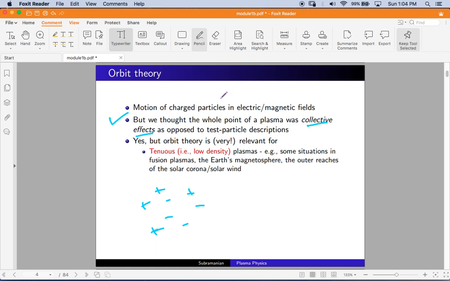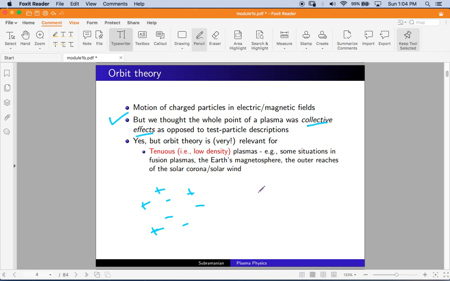Now, you would be right in thinking so, but this is relevant for low density plasmas. For instance, some situations in fusion plasmas, things like the Earth's magnetosphere, the outer reaches of the solar corona, the solar wind, to name a few.